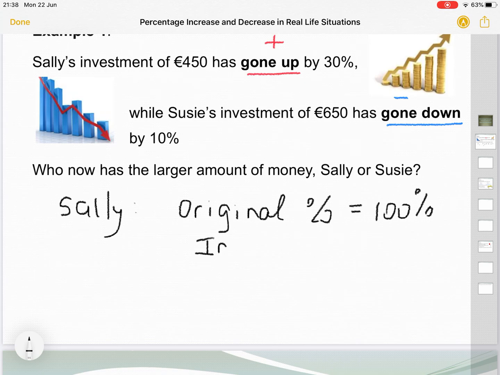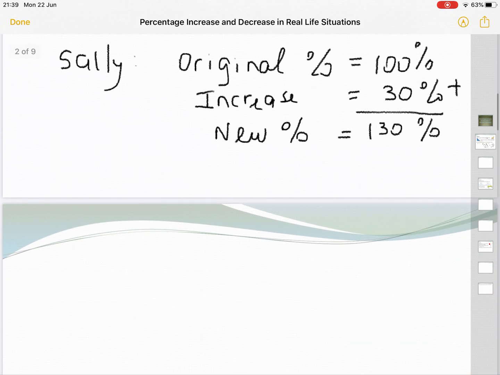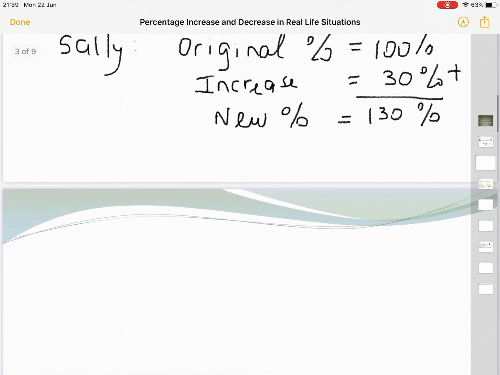The increase is 30%, and since it's an increase, we must add. So the new percentage is equal to 130%, right? Now 130% of what? 130% of 450.